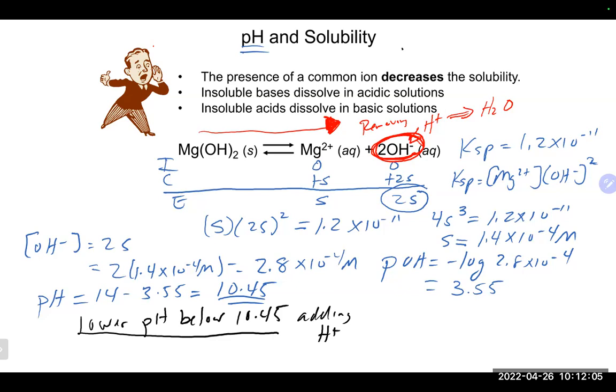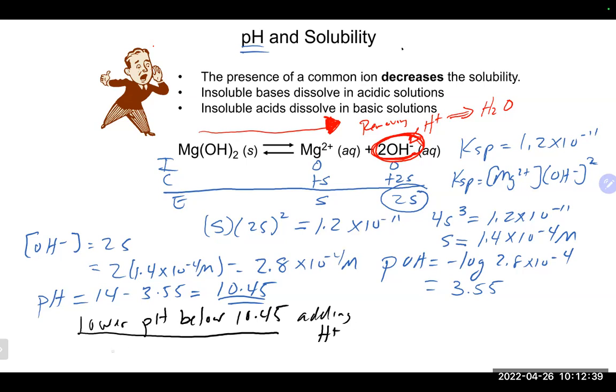If you have an insoluble base like this guy and you lower the pH, you maybe don't even need to make it truly acidic, but by adding acid, based on Le Chatelier's principle, it will react with the OH minus, it will form water, and that will essentially remove hydroxide from this equilibrium, causing the equilibrium to shift to the right to fix it. And the result of that is you will actually see your solids start to dissolve as a result of that process. Any questions on that?